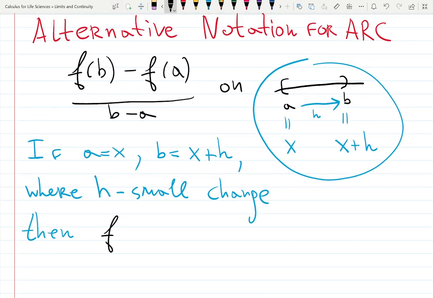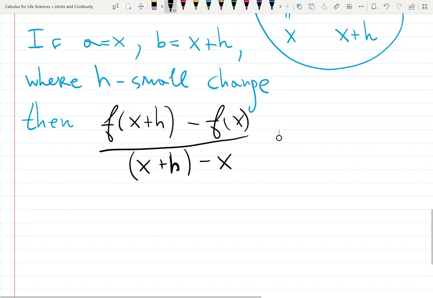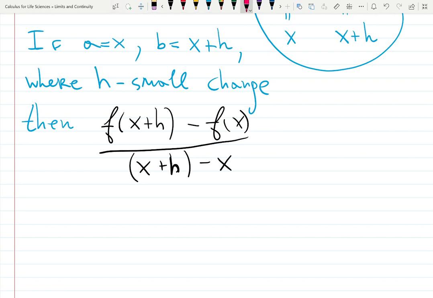Then I will have f of x plus h minus f of x all over, and in the denominator will be x plus h minus x, which is just h. And it is a very nice short notation that becomes f of x plus h.